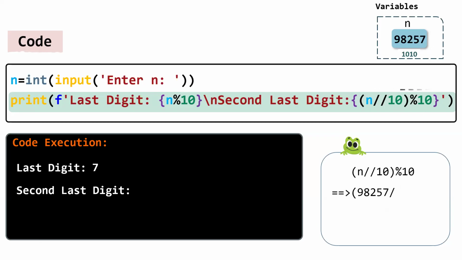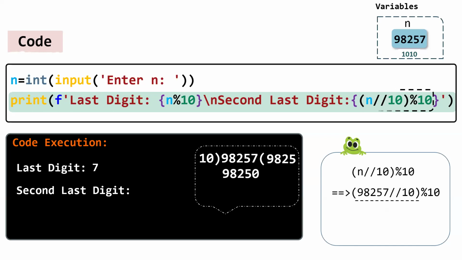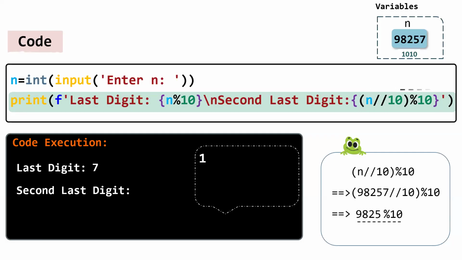We are going to get 9825 out of it. Then that 9825, we are going to again divide by 10, and that remainder will be our second last digit.